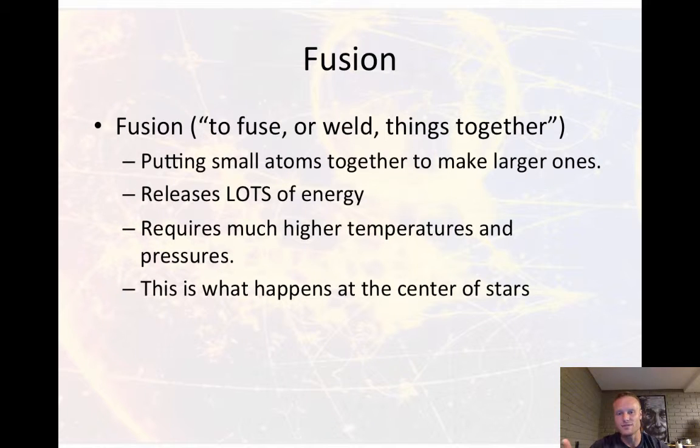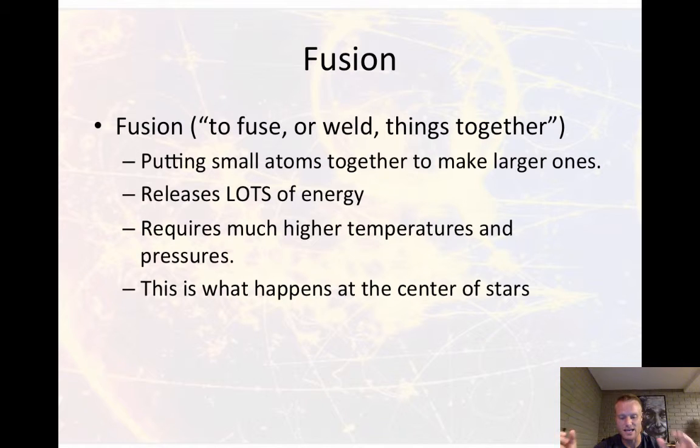The other type of nuclear process, to compare to fission, is something called fusion. Fusion is when you fuse or weld things together. Basically you're putting small atoms together to make larger ones.